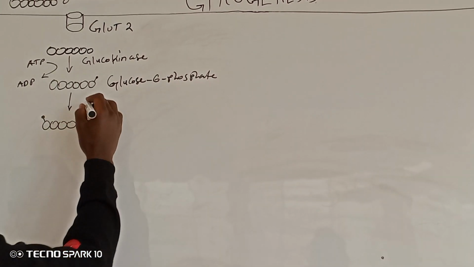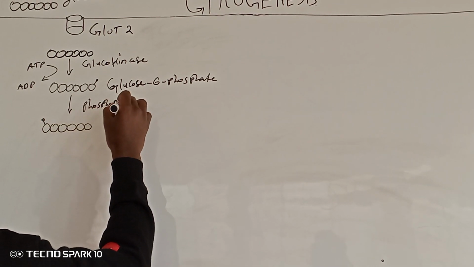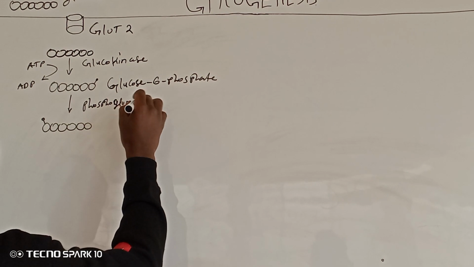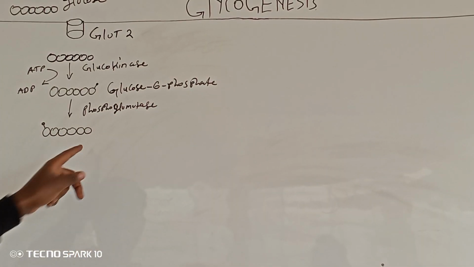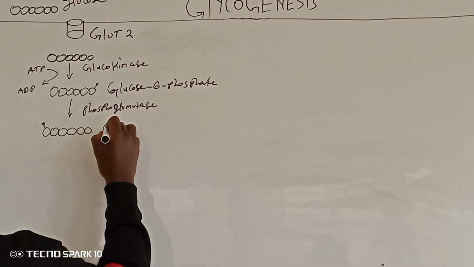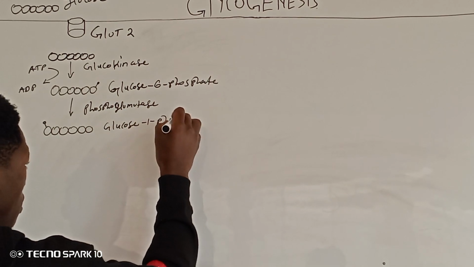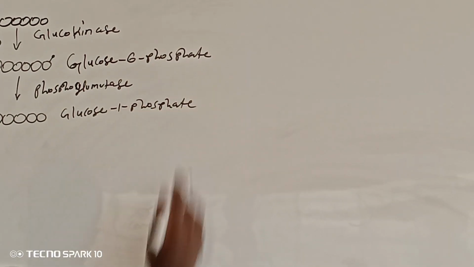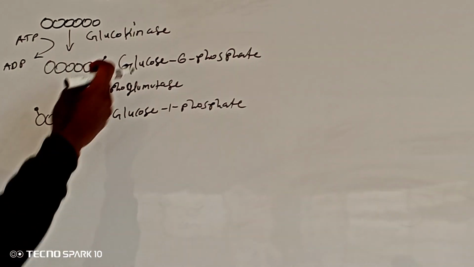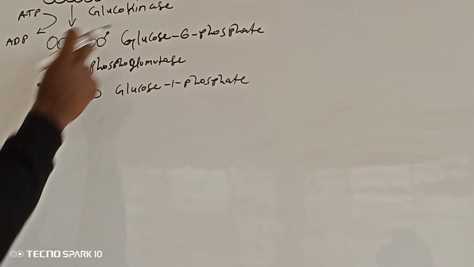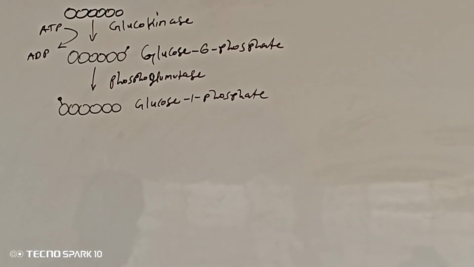This enzyme is called phosphoglucomutase. It's going to convert glucose 6-phosphate into glucose 1-phosphate. It's just going to take the phosphate group from position 6 to position 1 so that we have glucose 1-phosphate.